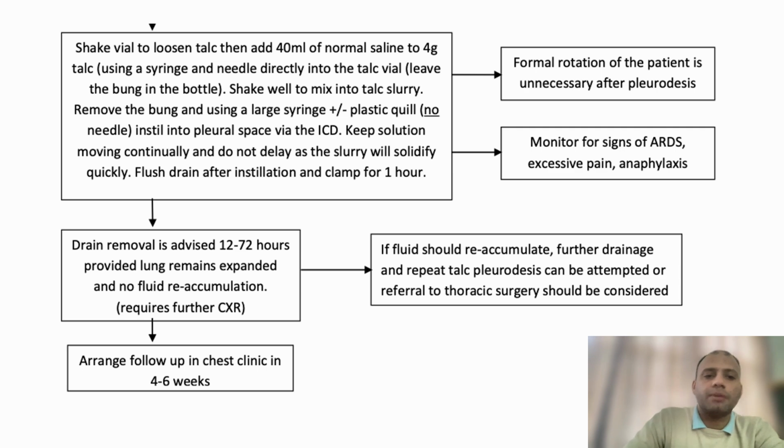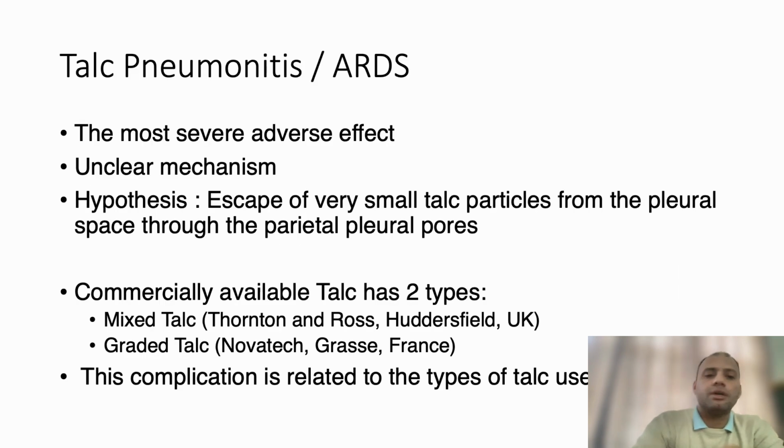So after talc pleurodesis, one thing to remember is we should always monitor for signs of ARDS, excessive pain and anaphylaxis, which are the major side effects of talc. Talc pneumonitis or ARDS is the most severe adverse effect which can be seen after the pleurodesis.